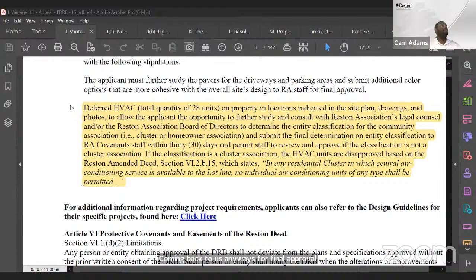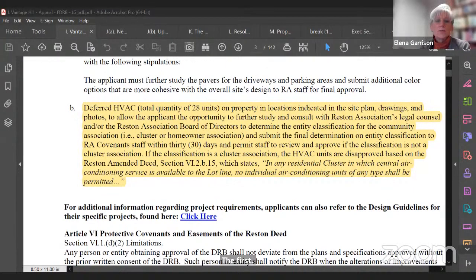I don't think that's the way the decision read. The decision read that we were deferring the decision, and then staff could make the decision at a consulting level rather than coming to a panel. And I think there's new information, because when we voted on that motion, we did not understand that staff did not have the authority to approve the HVAC locations, if there were any.